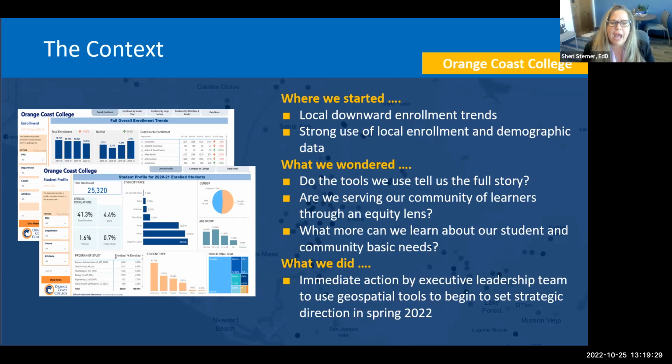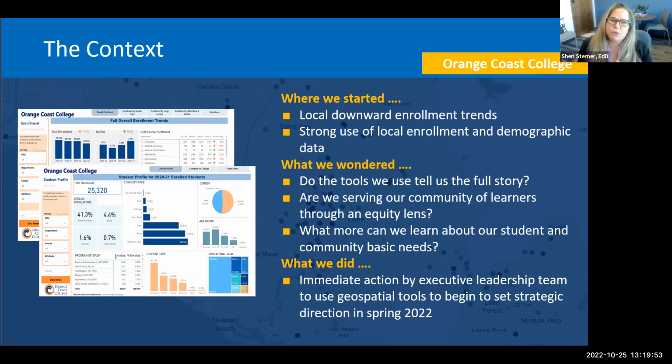Our students have been growing, over the past five-ish years, in having basic needs issues with mental health, with financial, with food insecurity, housing insecurity, and we've been starting to address that with our students.